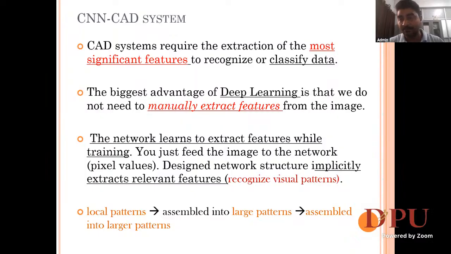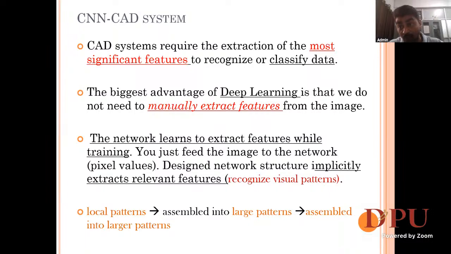Then, once deep learning was first introduced, the manual extraction process, because all those processes are biased somehow, because you have to make decisions about which particular segmentation I will use, which particular classifier, which particular feature extractor. So it's all human intervened. That's why we needed a more generic and rational framework for CAD systems, where local patterns combine into a larger pattern, and that combines into a still larger pattern.